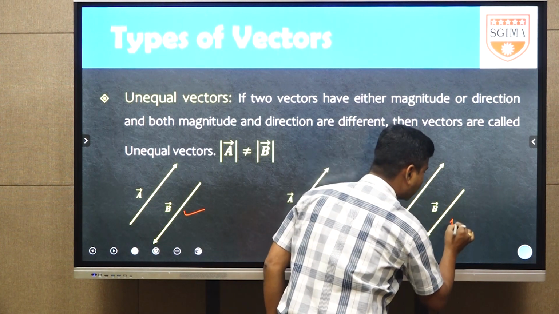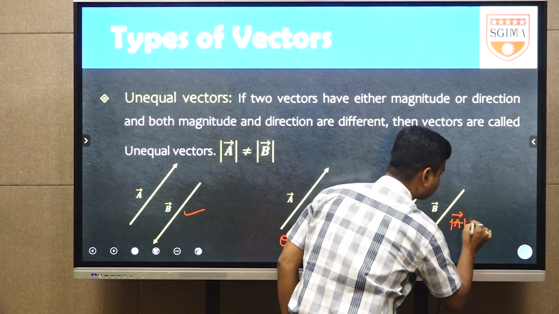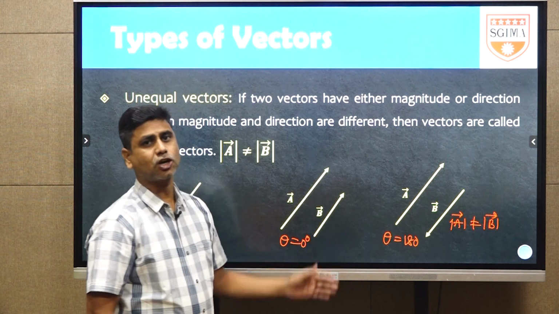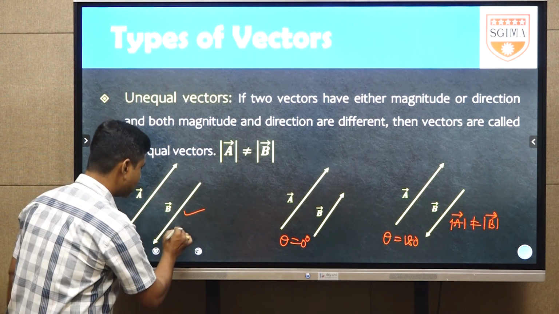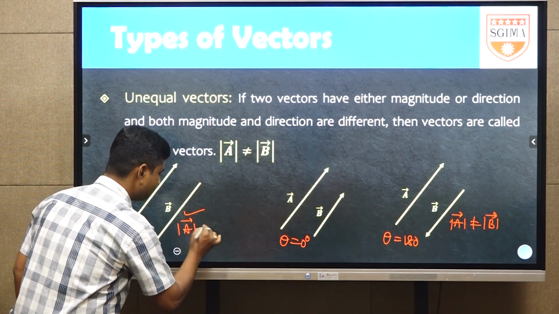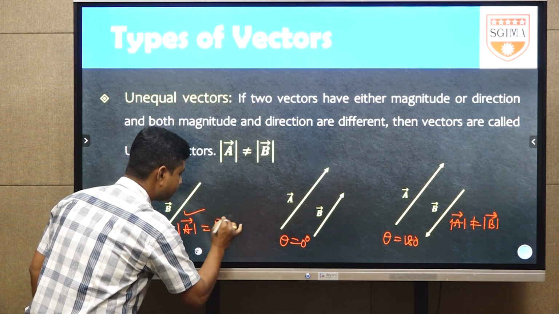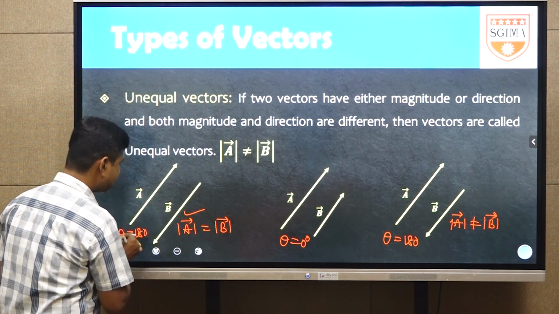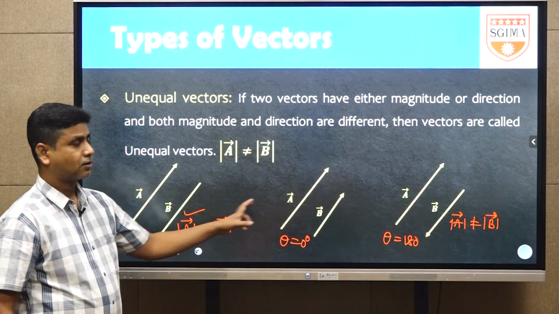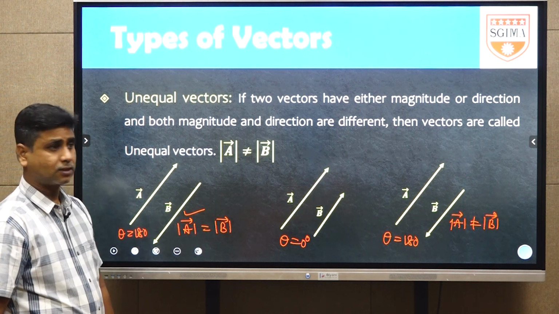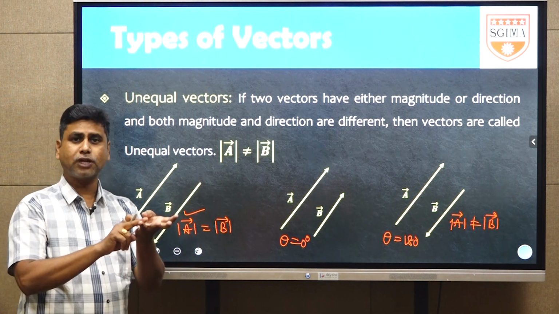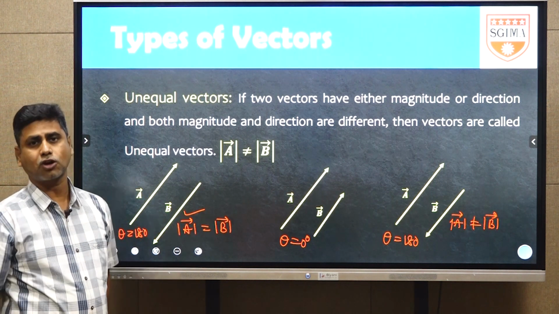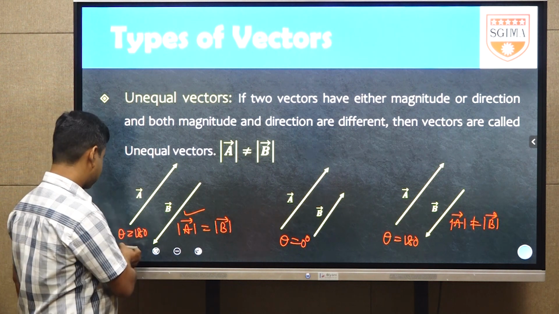Here modulus of A is not equal to modulus of B. Maybe magnitude of A equals magnitude of B, but the direction theta value is 180, then these vectors are also called unequal vectors. If any one is different, either magnitude or direction, or both, then the vectors are called unequal vectors.